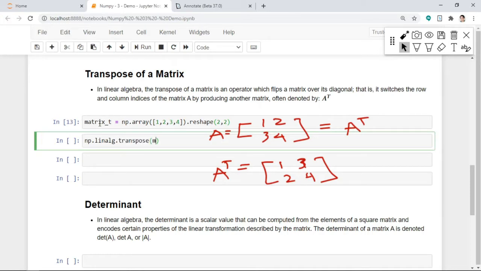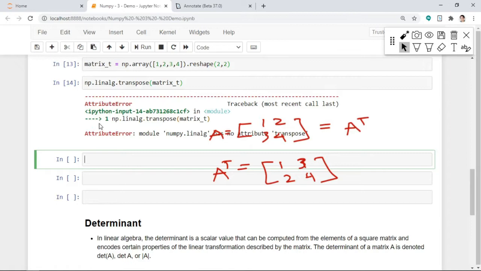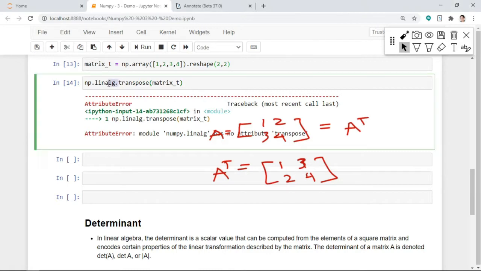We have here matrix T, the result of this one. Wait a minute, I think I made a mistake here. Linear algebra, let's test this first. I think np transpose is not part of the linear algebra module, so we go directly with transpose.